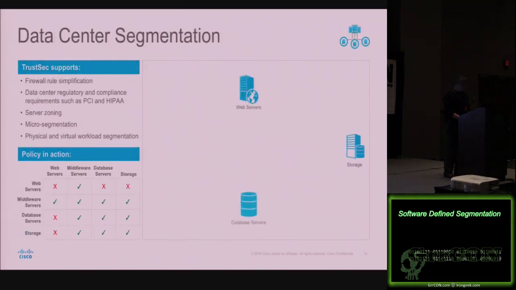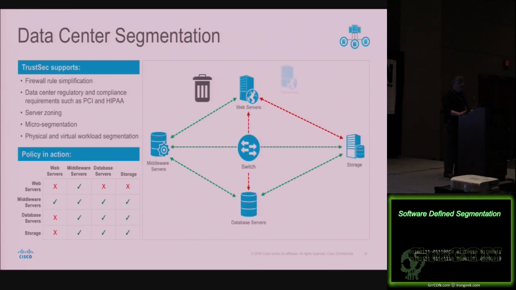So within the data center, it's a similar concept, except we define who gets access, again, to what, right? This is statically assigned to the port. What this allows us to do is audit who should be talking to who within a data center and limit the communication.